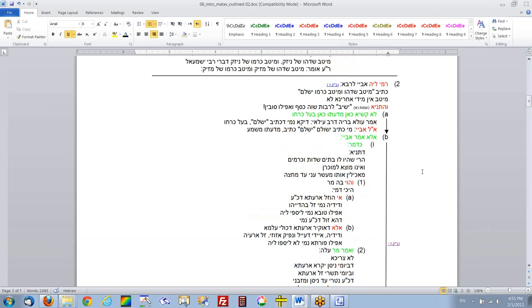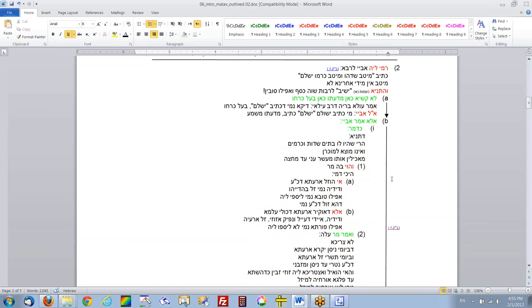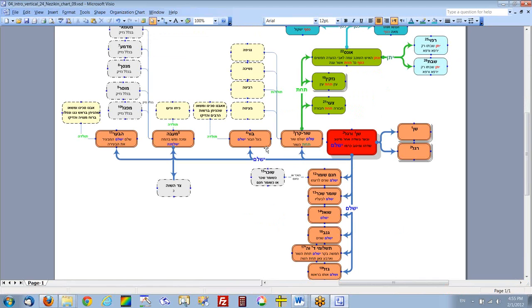Where does the conflict arise? The conflict arises that once you spread this law of paying with the best of your land to all the cases of nezikin, of damage in the Torah, you're going to run into a conflict, because the Torah also says in these cases that you can pay with money.